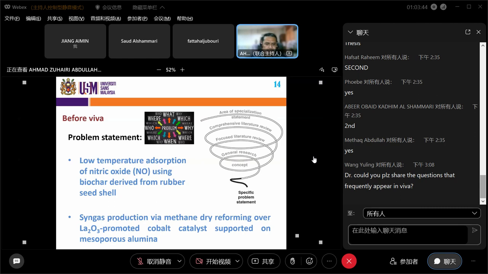Like for example, you want to address pollution, for example, global pollution, water pollution. It might not be a problem statement because you may only do a certain water treatment to address water pollution. But the problem statement is not really the water pollution. The problem is actually in the process that you choose for the treatment of the water.